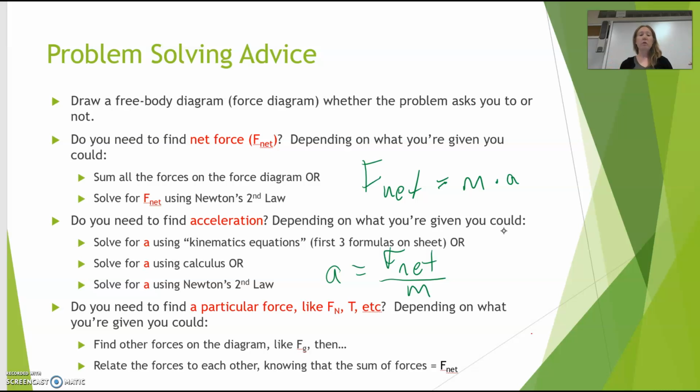Then it's like a little puzzle: I know some of the other forces on the diagram, I know F net and FG, and I'm figuring out what's left. There are no two problems that are the same, and that is sometimes challenging, but that's the trick here.